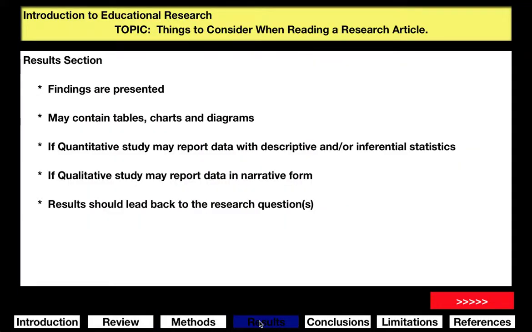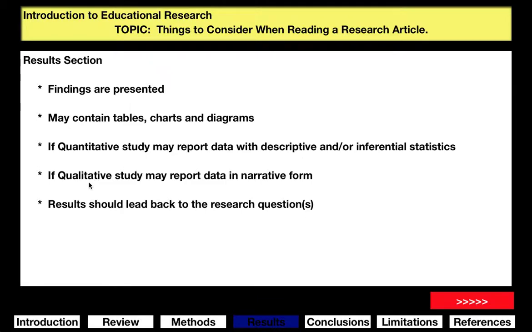The results section, the findings are presented, and they may use charts, tables, diagrams. If it's a quantitative study, if it's a scientific study, then the data will be reported in some kind of numbers and descriptive statistics or inferential statistics.